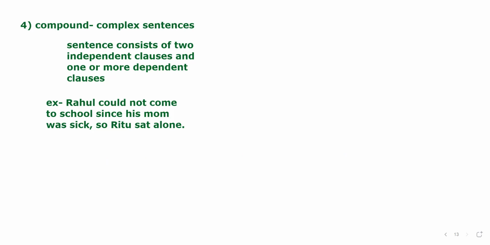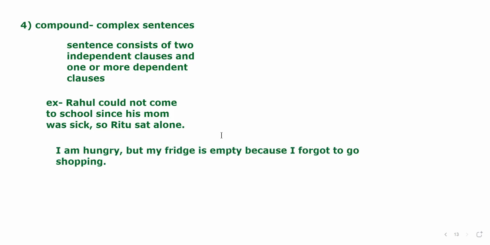And ma'am, how many independent clauses are there in that current example? Don't get confused with how many independent and how many dependent clauses we need to make. Just think, in compound complex, we have three sentences.